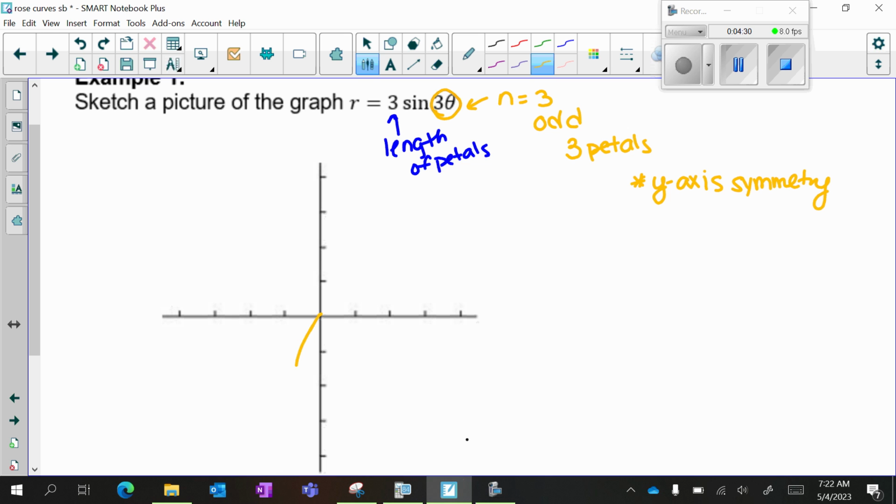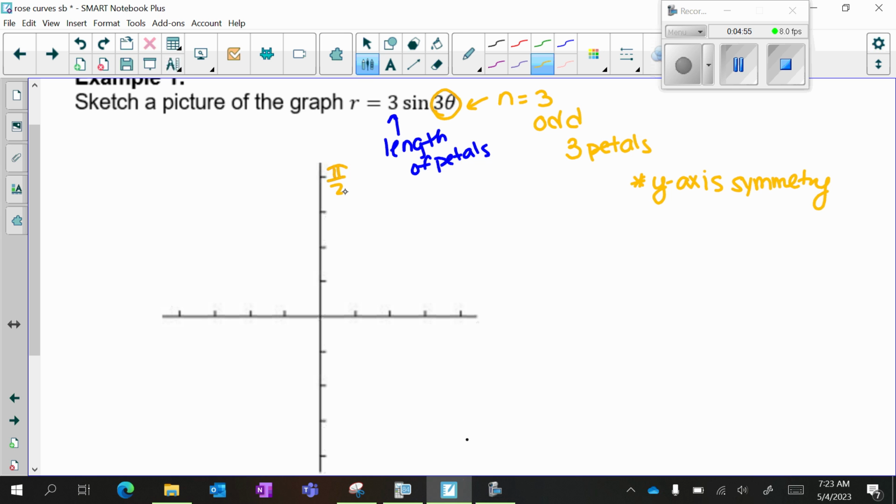It could look like this, and like this. So I need to figure out, does that first piece go to the top or to the bottom part of the y-axis? And the way we're going to do that is we're going to substitute in a value. So the value at the top is going to be pi over 2.